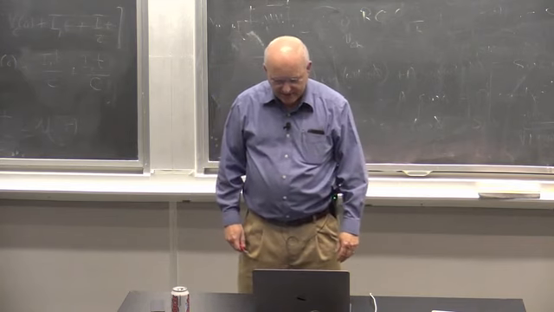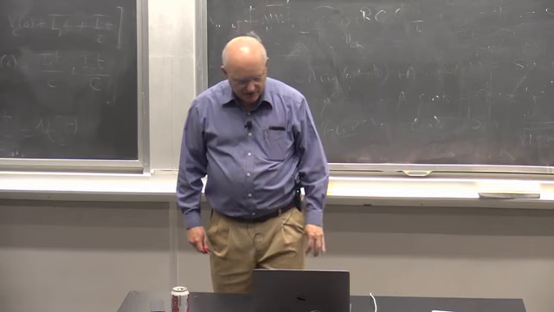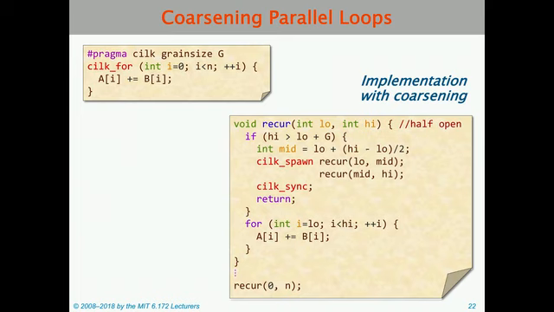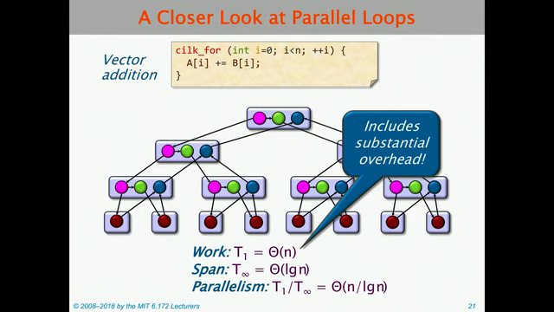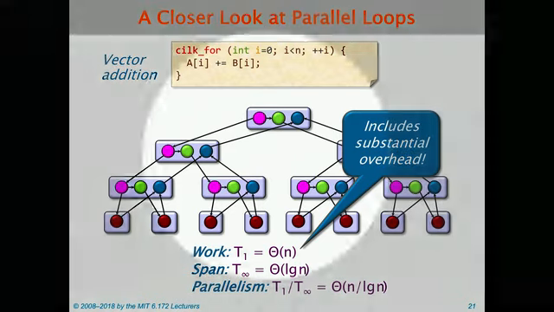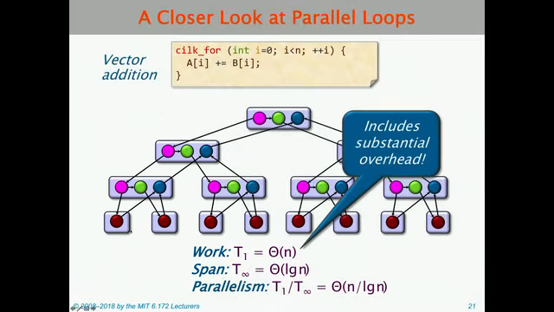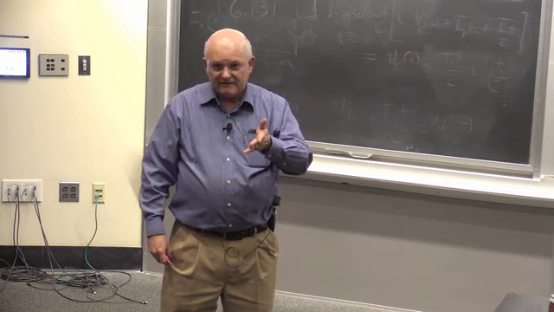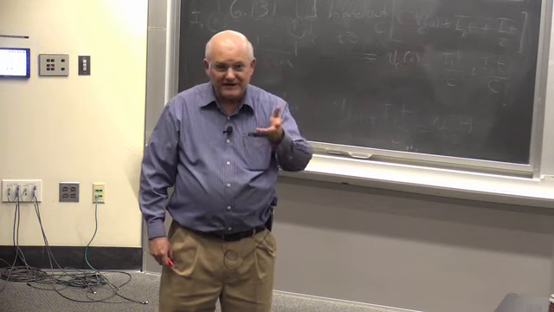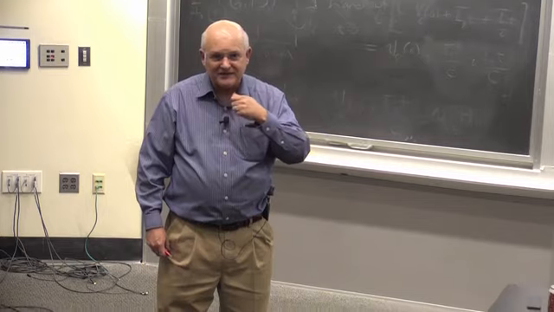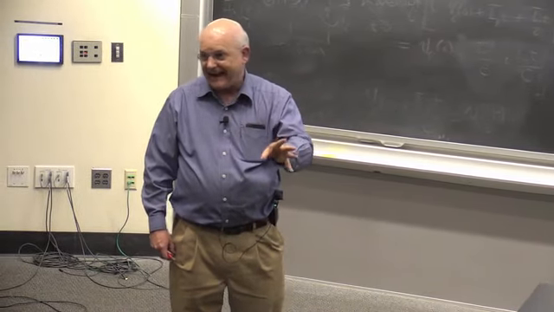So the first thing that I might do to get rid of that overhead, so in this case, what I'm saying is that as I do the divide and conquer, if I go all the way down to n equals 1, what am I doing in a leaf? How much work is in one of these leaves here? Okay? It's an add. It's two memory fetches and a memory store and an add.